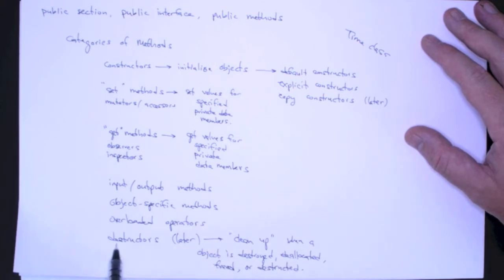We don't have to worry about destructors right now as long as we're using the basic types or class objects with the destructor. There's a default destructor that we get when we implement a class, and it works just fine. We'll have to implement our own destructors when we get into dynamic allocation and things like that.